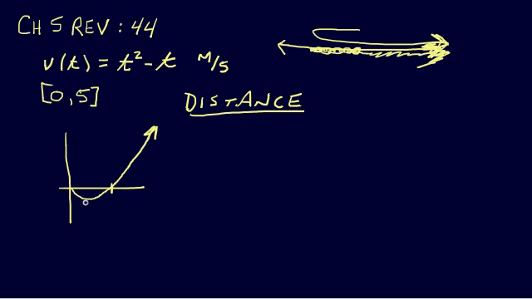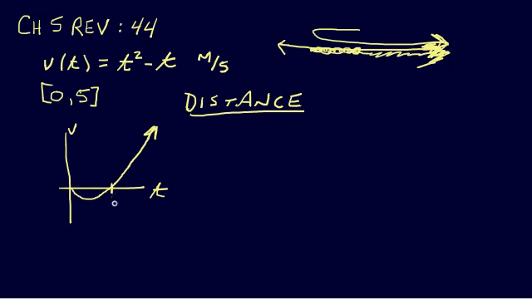So it requires that I take a look at the function itself and determine where that function is equal to 0. That is, at what time did the velocity change from a negative velocity to a positive velocity?